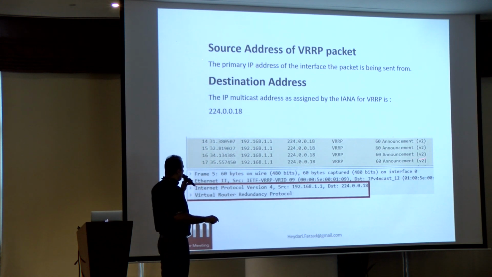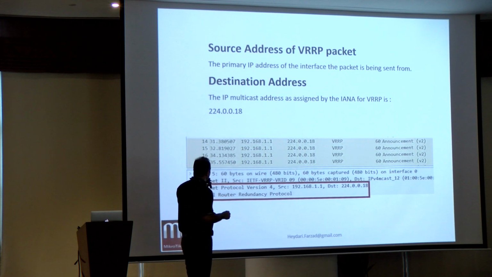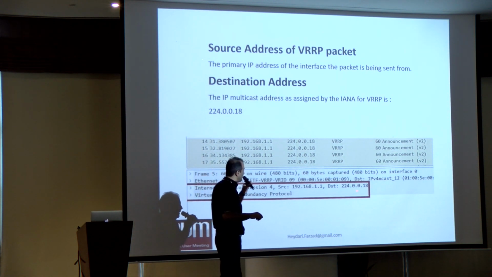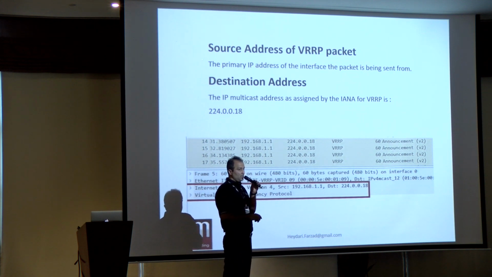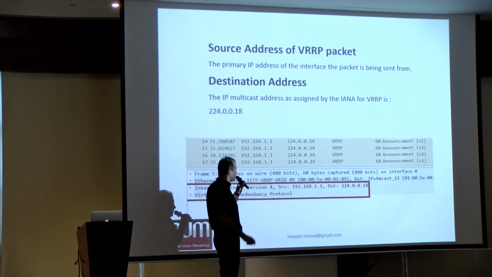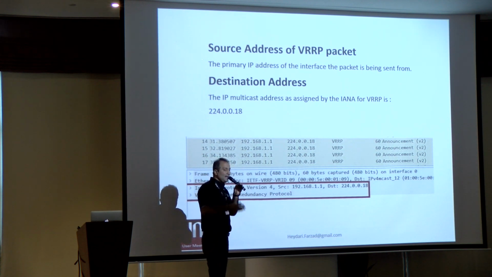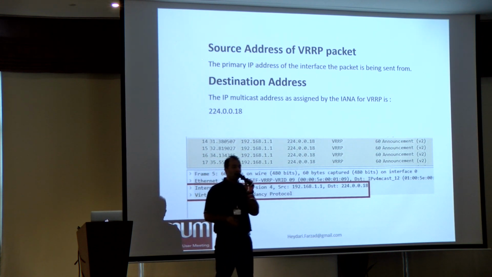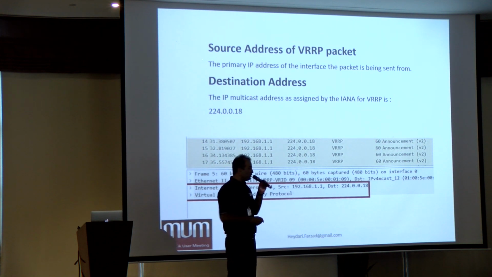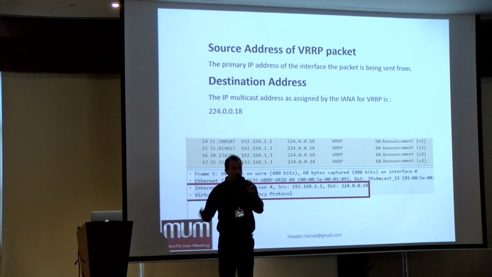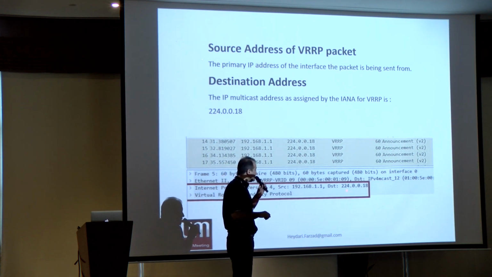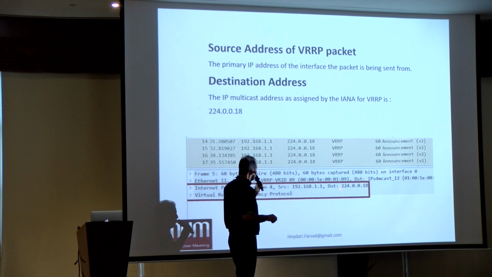So this output is from Wireshark. Here, this is the source IP of the interface, and this is the destination IP address. The real IP address of the interface you can see here. This one is the real IP address of the interface, and the destination is 224.0.0.18.